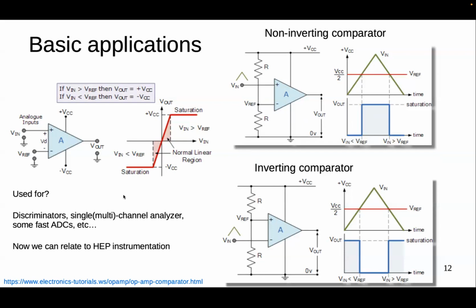So we have two inputs, non-inverted and inverted. Depending on the difference between the inputs, we will have at the output the saturation level from the power sources that we have.